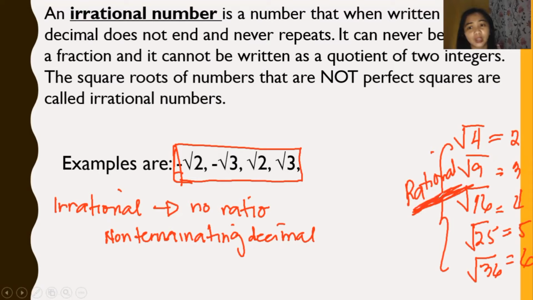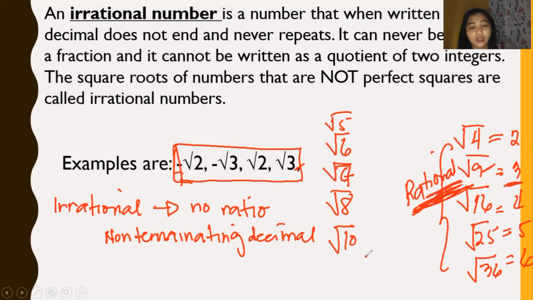So, ang irrational, yung mga hindi perfect square katulad ng square root of 3, square root of 5, square root of 6, square root of 7, square root of 8, square root of 10. Square root of 11, those are irrational numbers kasi hindi sila perfect square.